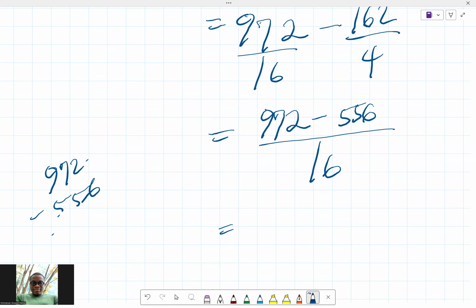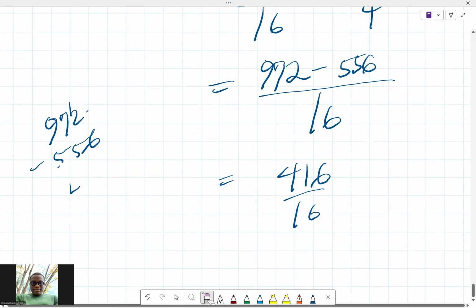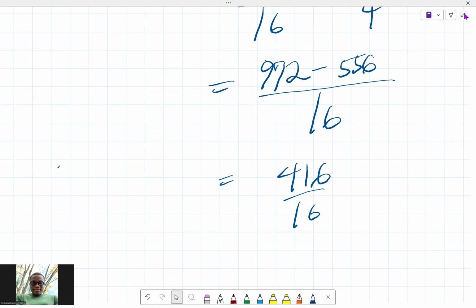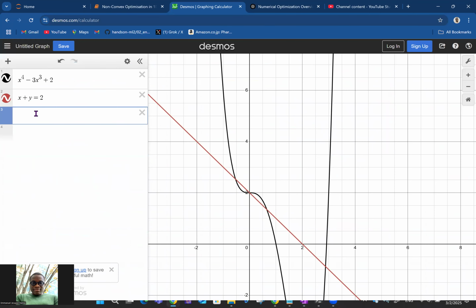So that's like 416 all over 16. Okay, 416 over 16. We can quickly use decimals for that also. I can just do 416 divided by 16.